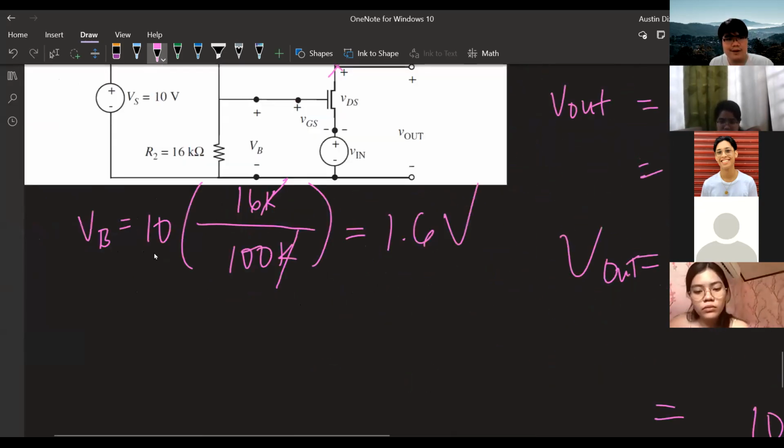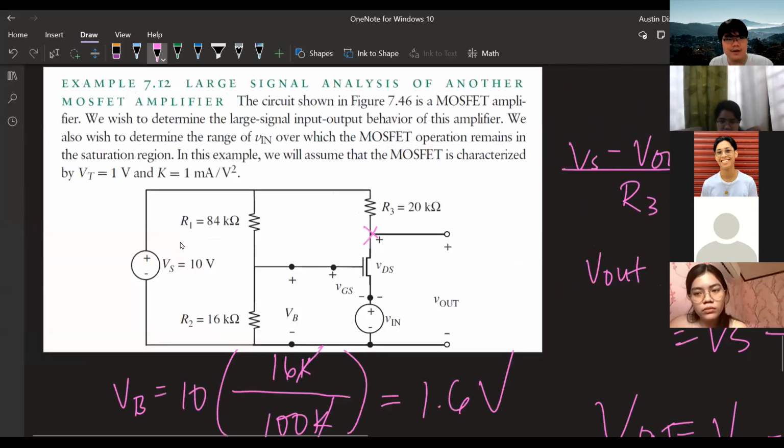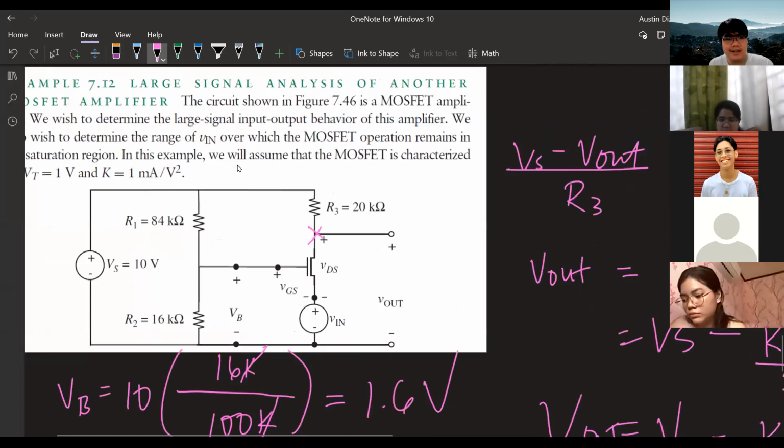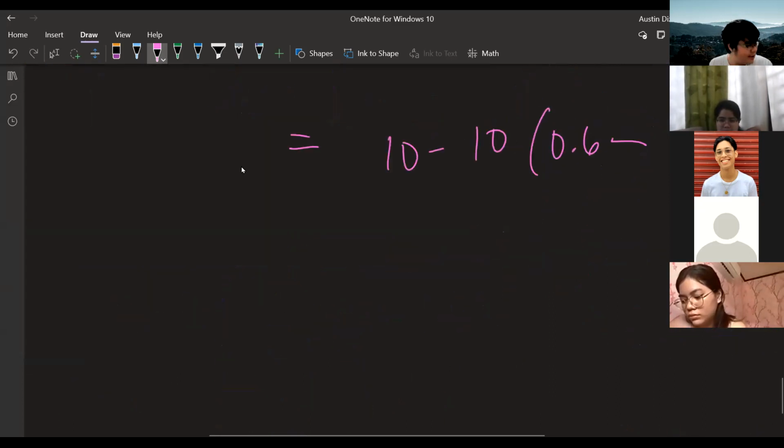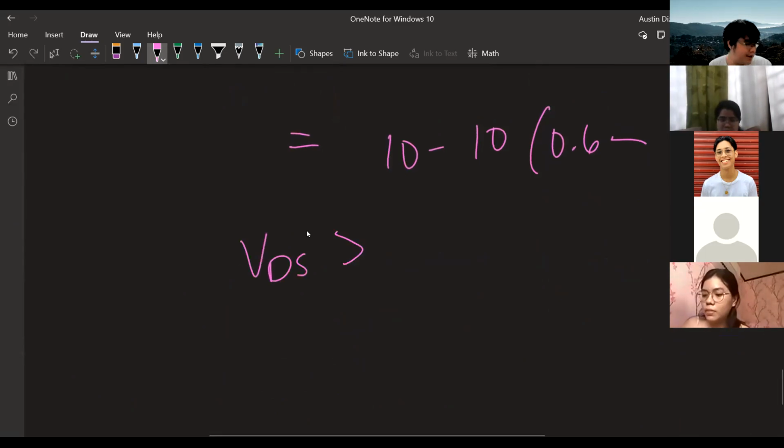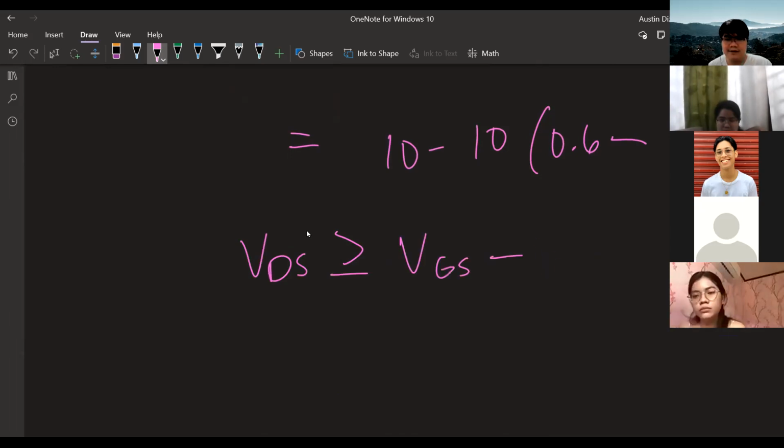Okay, so we have this relation. Now, next would be, kailangan natin malaman kung ano yung relationship natin for the saturation region. Recall ano yung saturation region natin. VDS must be greater than VGS minus VT.